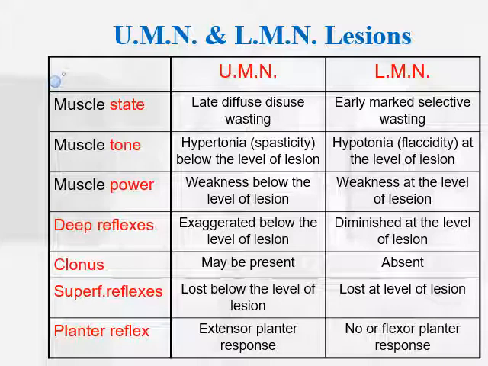Superficial reflexes will be lost below the level of the lesion in the upper motor neuron, and at the level of the lesion in the lower motor neuron. The plantar reflex will show a positive Babinski sign or extensor plantar response in the upper motor neuron, and a flexor plantar response or lost plantar reflex in the lower motor neuron.